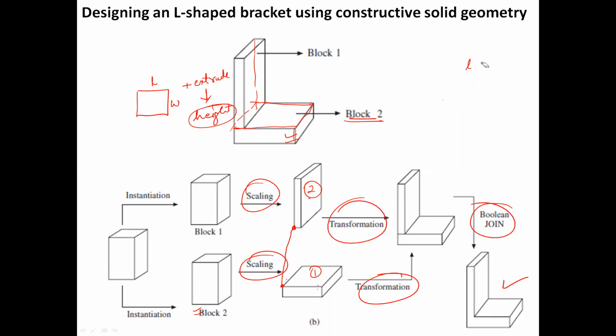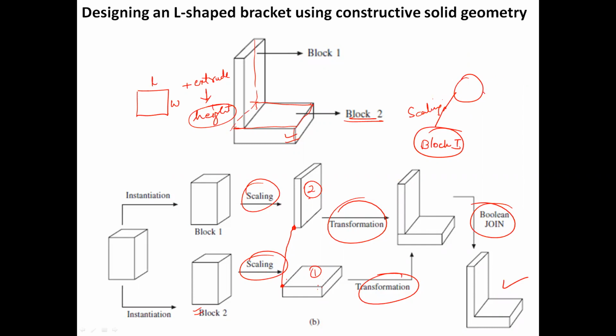Now how is a CSG tree going to be developed? Let me draw a CSG tree for that. I will start with block 1. That is the first thing. I will perform scaling.